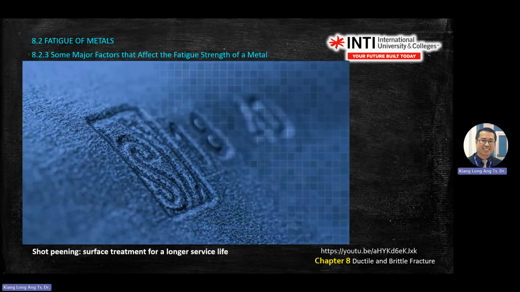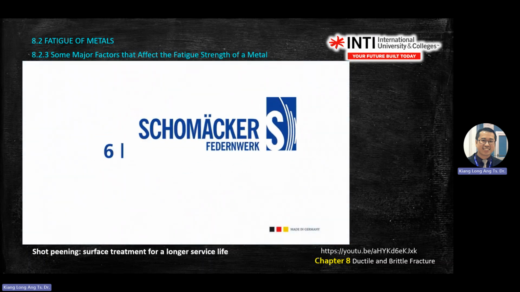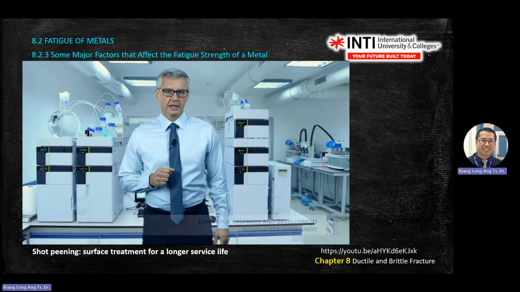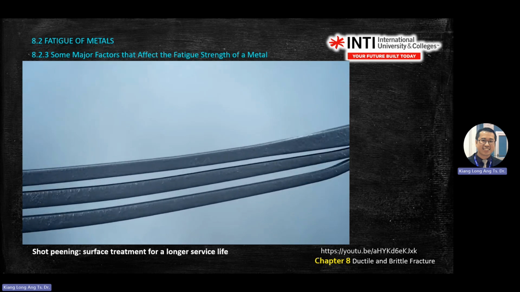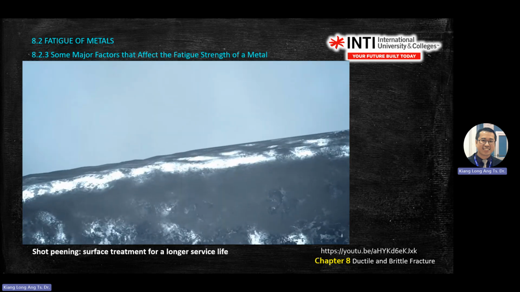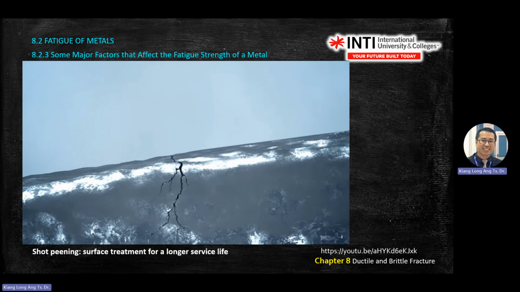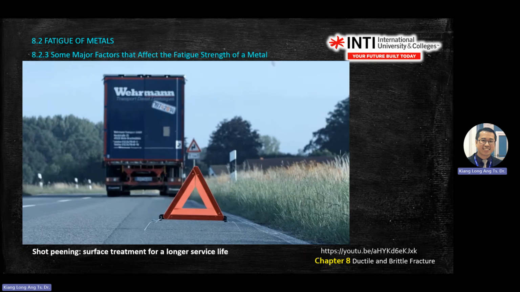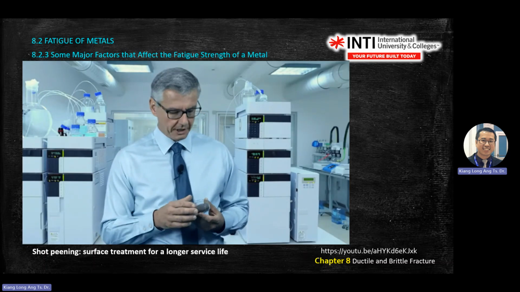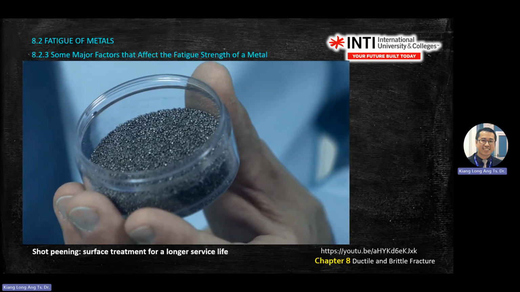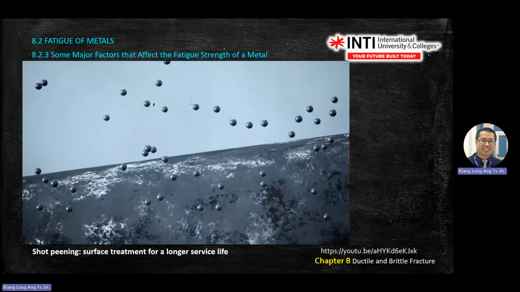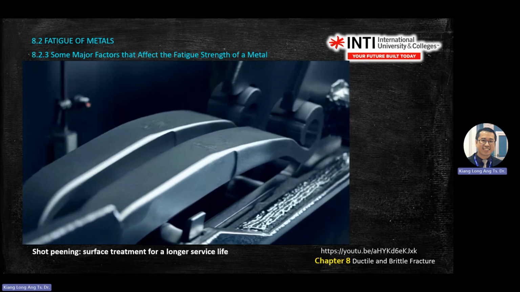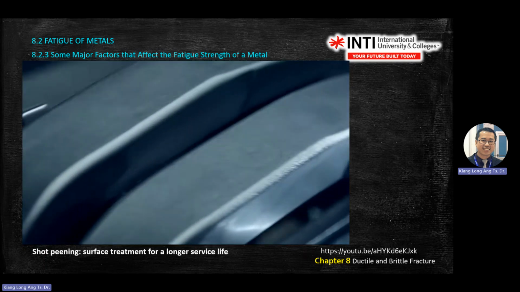Before shot peening. Shot peening is a surface treatment. The critical area of a commercial vehicle spring under high load is its surface. Even minor flaws in the surface layer can create starting points for cracks. This, in turn, can lead to spring fracture, usually at the worst of times. To avoid such a situation, we at Schulmecker treat the surfaces of our springs with shot peening. This process ensures a more homogeneous surface and creates a residual compressive stress. Particles smooth out the surface to reduce the stress concentration.